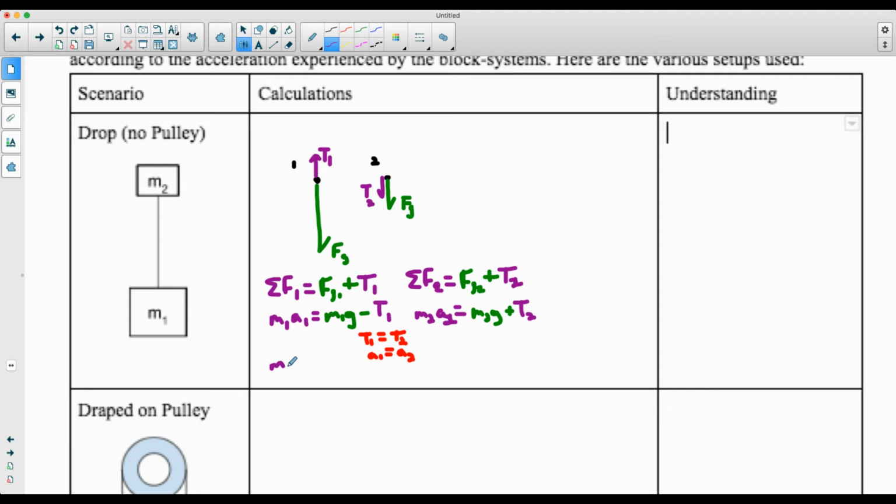So m1 times the acceleration that both experience equals m1g minus just plain old T now.